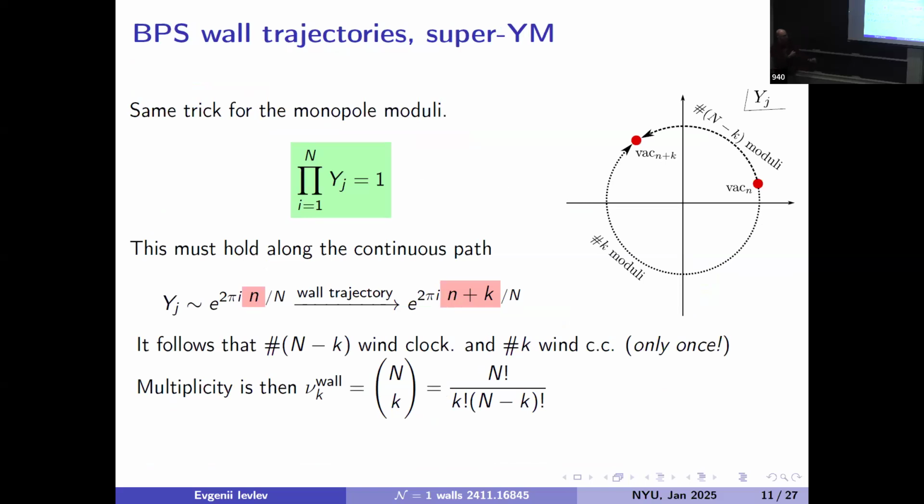Yeah, so the story is pretty similar to what I showed in the QCD. For example, we start with this constraint, and you ask yourself, how many domain wall trajectories do I have if I pick a certain pair of vacua?